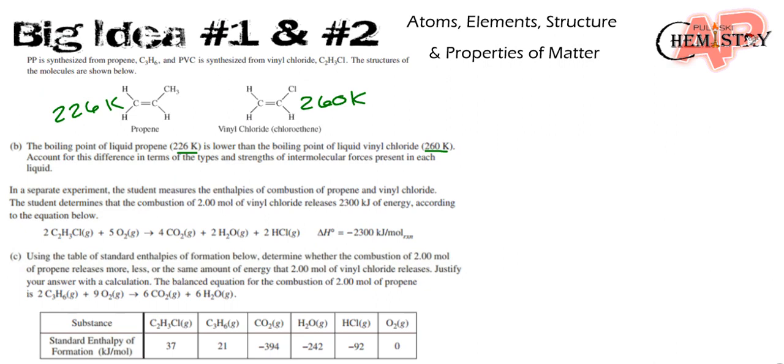Okay, so what do we know? The stronger the IMF, the higher the boiling point. Everything is always higher except vapor pressure. The stronger the IMF, the stronger the anything except for vapor pressure. It's the only one. Vapor pressure, the weaker it is, the easier it is to leave. So this must have stronger IMFs, right? The vinyl chloride must have stronger IMFs.